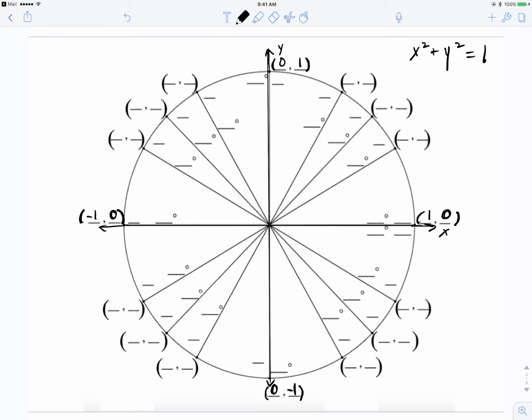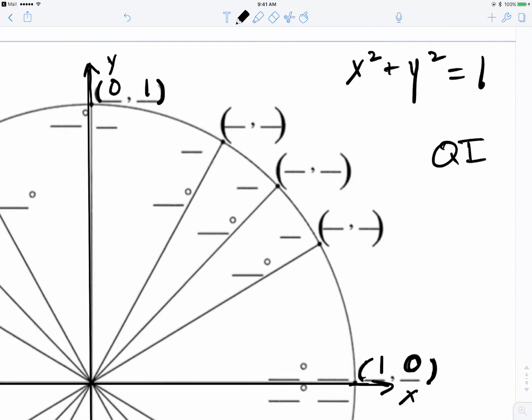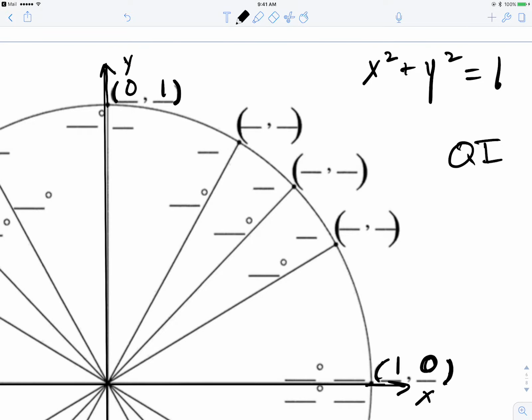No. So you guys, remember the quadrants, how we number the quadrants in the XY plane. This would be quadrant 1, quadrant 2, quadrant 3, quadrant 4. So we're going to start in quadrant 1. I'm going to get rid of my axis there, actually.